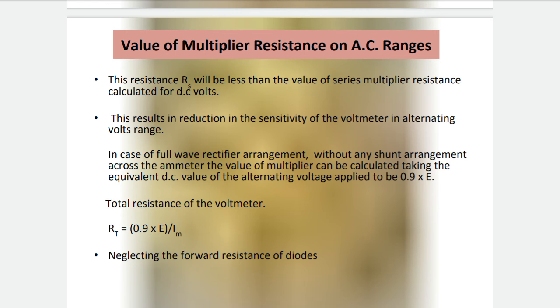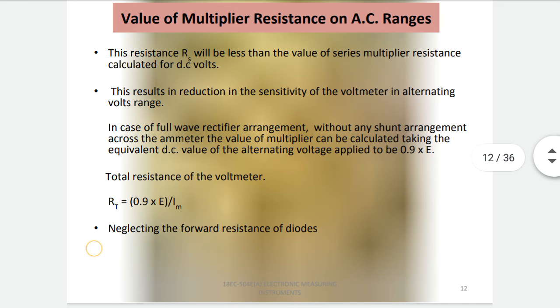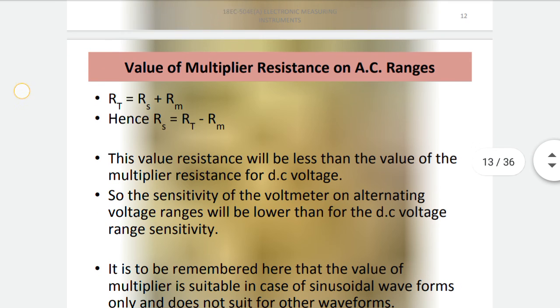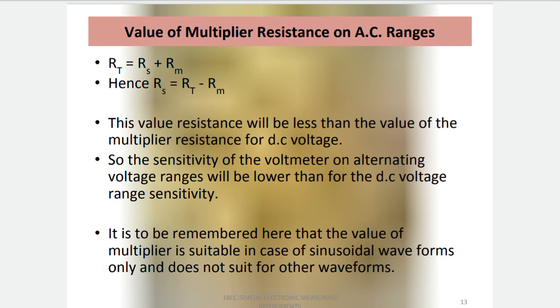In case of a full wave rectifier arrangement without any shunt across the ammeter, the value of the multiplier can be calculated taking the equivalent DC value of the applied alternating voltage to be 0.9 into E. The total resistance of the voltmeter is 0.9 into E divided by Im, neglecting the forward resistance of the diodes. Now the total resistance is the series resistance plus the meter resistance, so the series resistance is equal to RT, the total resistance, minus the meter resistance.